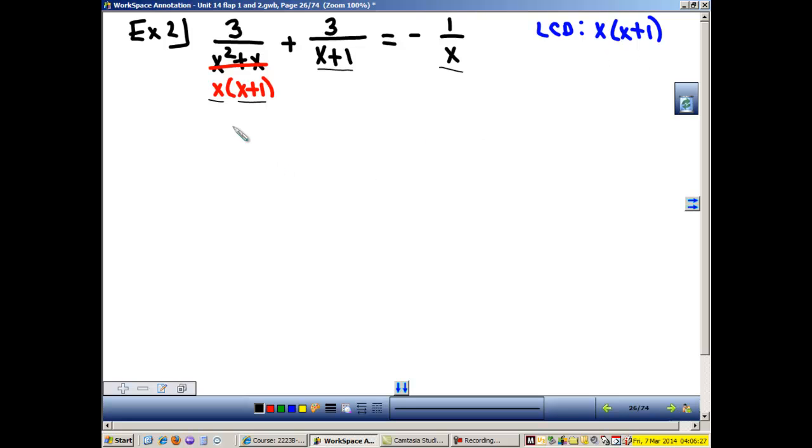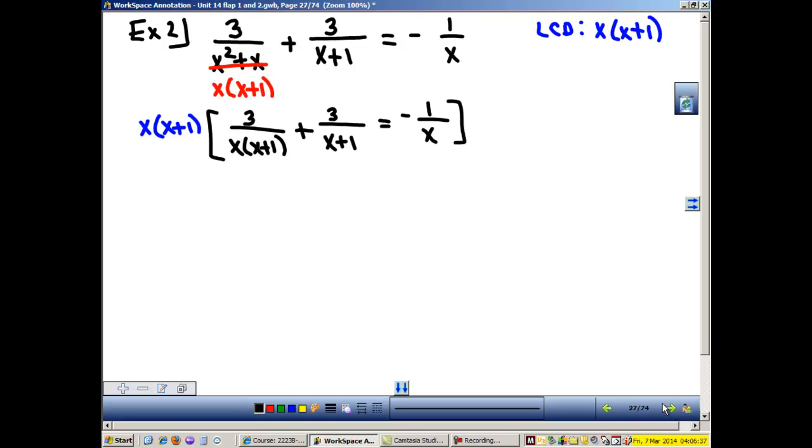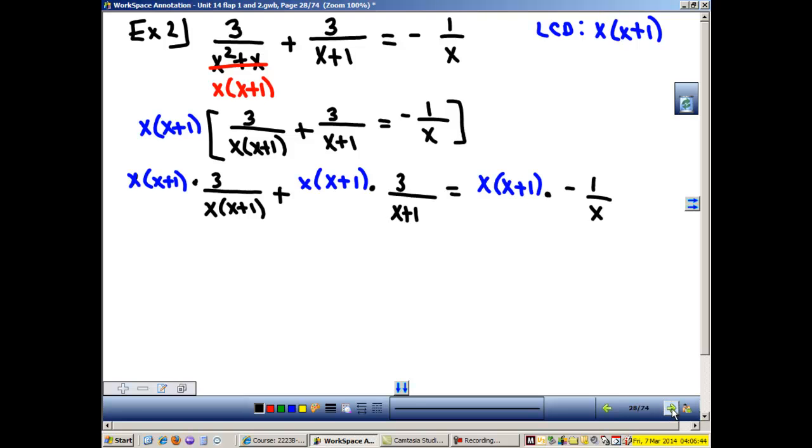When getting an LCD, make sure that each denominator is represented in your LCD. Then multiply the LCD to each term in the rational equation. This will eliminate the fractions.